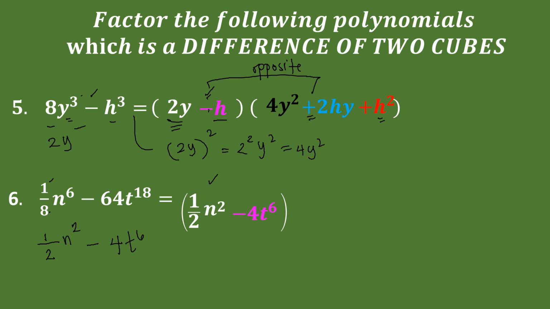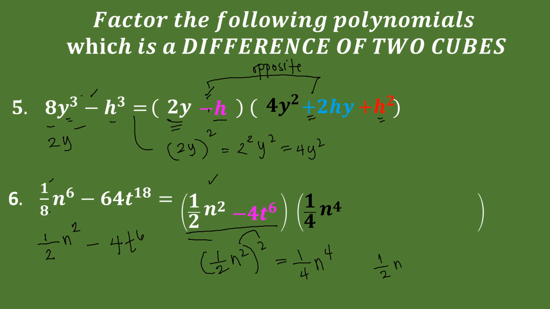Yes. Then let's proceed to the trinomial set. We need to square the first term of our binomial. So we have 1 half n squared, then square it. This will become 1 half times 1 half will be 1/4, and then n to the power of 4. Okay, so that will be our first term in the trinomial, and our second term will be this one, to be multiplied together.